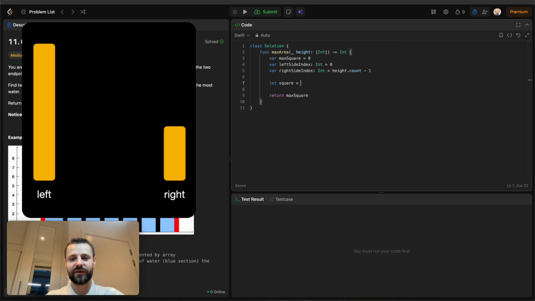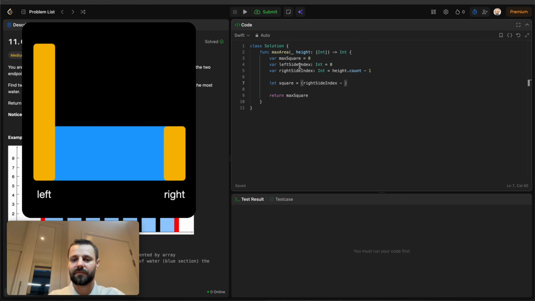So the width of the container could be found as the right side index minus left side index, and the water level in the container is equal to the lowest side of the container. So we would compare two heights over here to pick the minimum from left side and from right side.